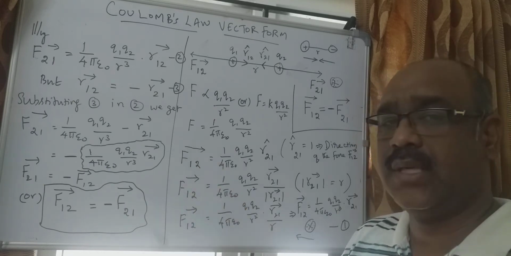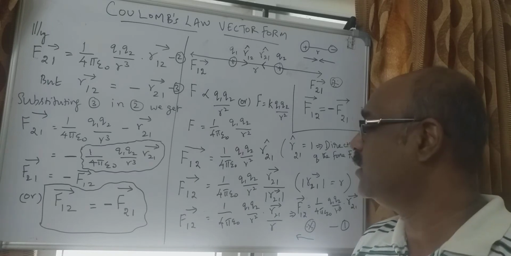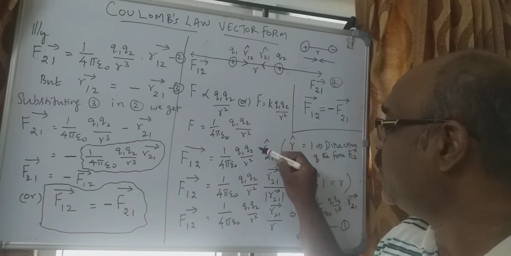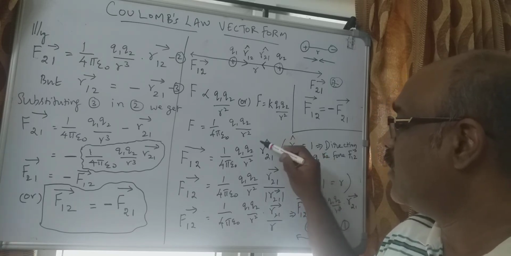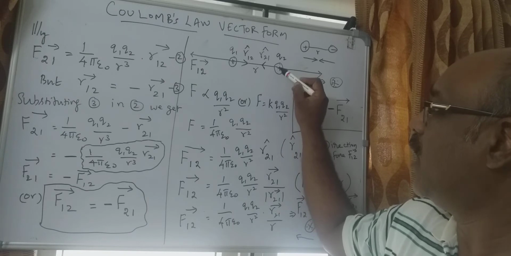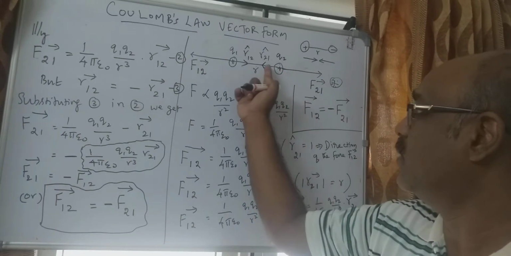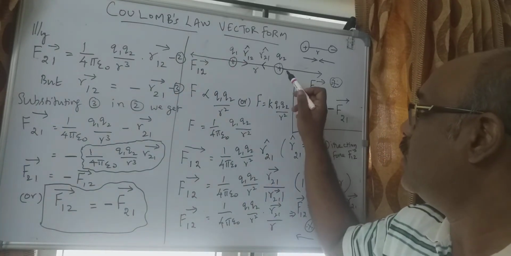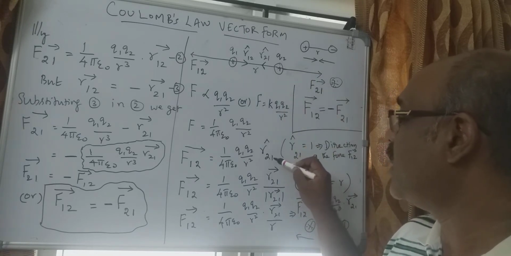In vector notation, 1 divided by 4 pi epsilon naught q1 q2 by r square, and I am introducing a unit vector here, the unit vector along the axis of this line, which is from the charge q2 to the charge q1.